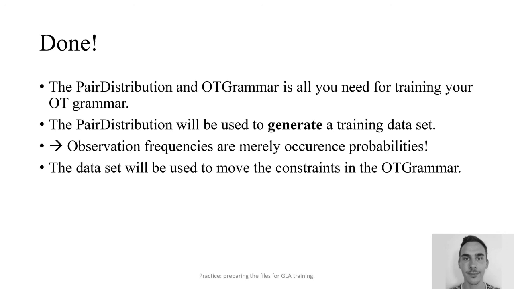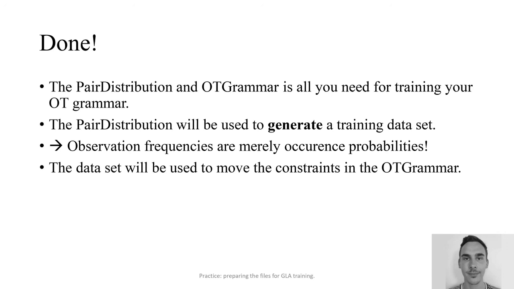I want to mention again that the pair distribution file will be used to generate a training dataset, which means that effectively the number of observations will not be the same as the ones you provide, based on your empirical data. Yet the relationship between the numbers you provide will still be present in the training set. So actually, the observations you report are merely occurrence probabilities of specific mappings to the GLA.